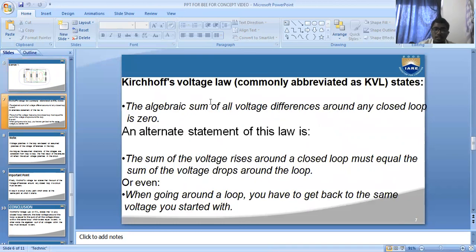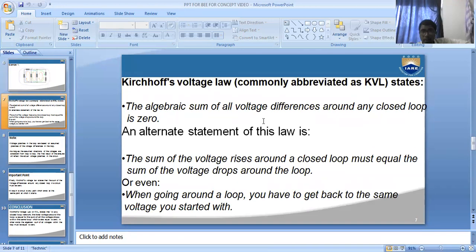Next, Kirchhoff voltage law, commonly abbreviated as KVL. As I said before, the statement of this law is that the algebraic sum of all voltage differences around any closed loop is 0.